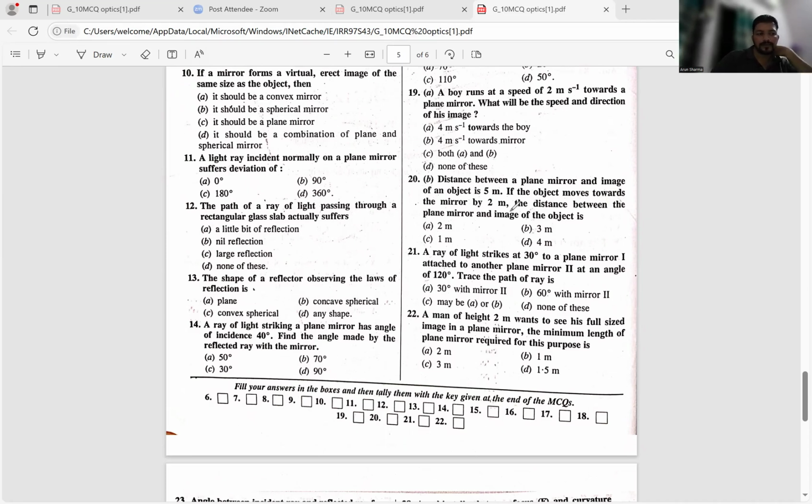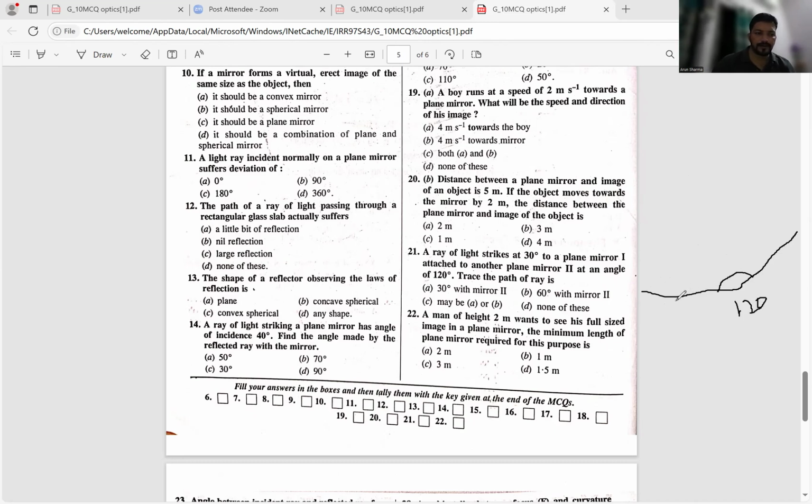Next, question number 21. A ray of light strikes at 30 degree on plane mirror 1, attached to another plane mirror 2 at an angle of 120 degree. Like this, this angle is 120.